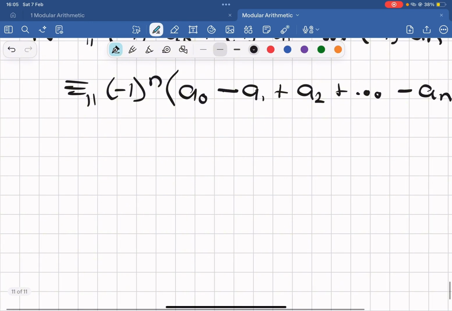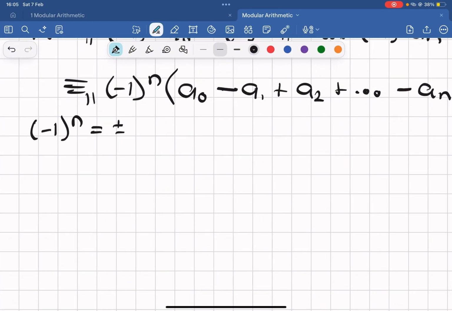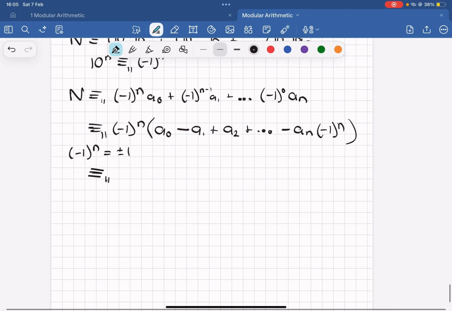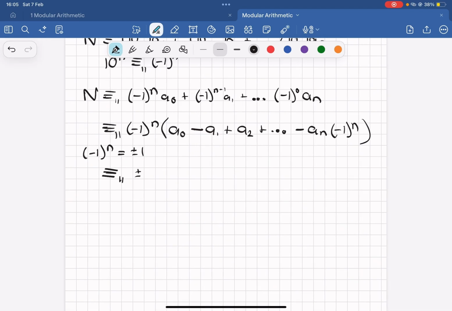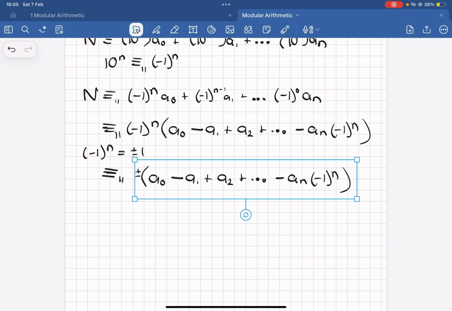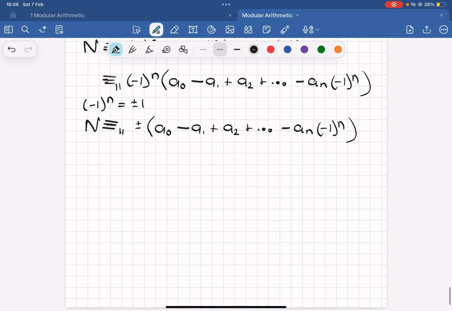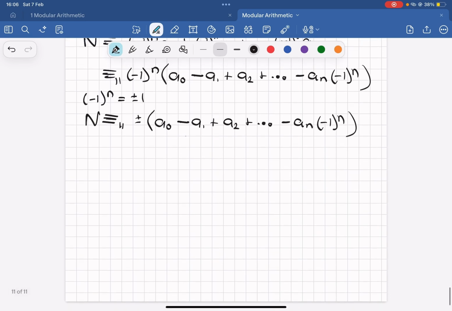Now, we know that minus 1 to the n is either equal to plus or minus 1, so we can say that our expression here is equal to plus or minus all of this, and n is congruent to all of this mod 11.